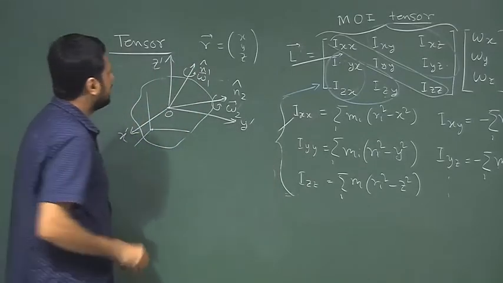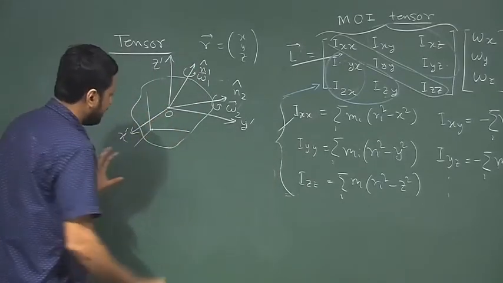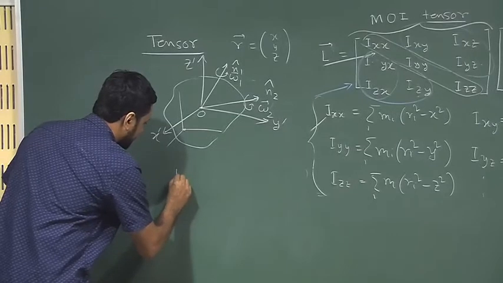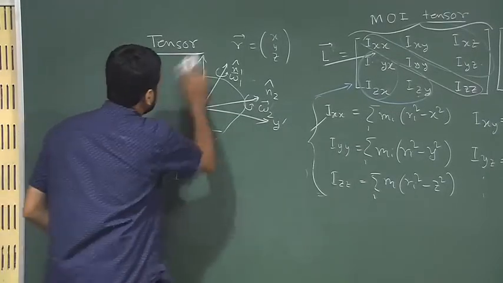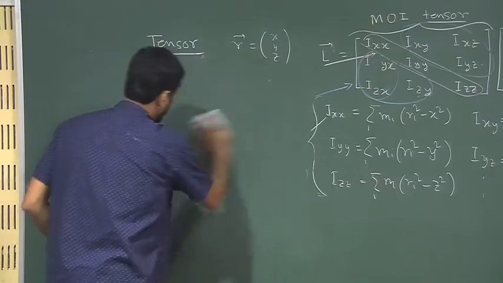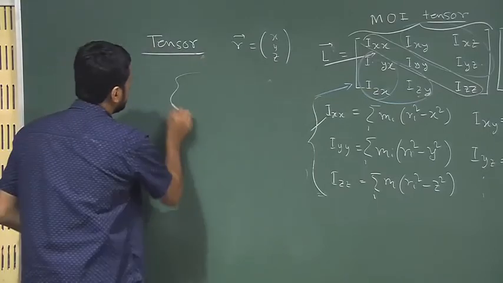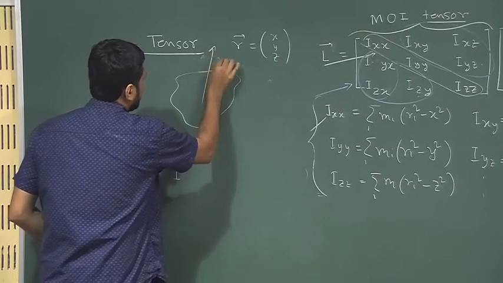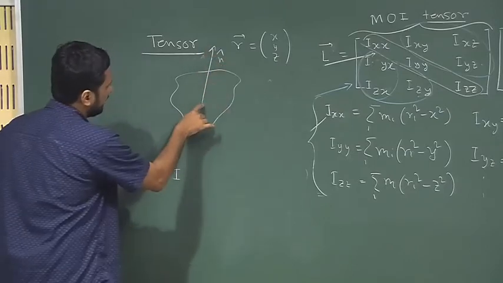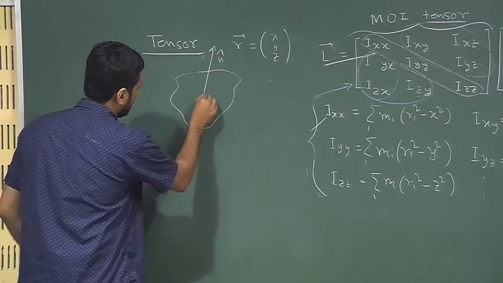If you remember, we learned this definition of moment of inertia I. Let us say we have a rigid body, and we want to calculate the moment of inertia around this particular axis which goes through the body.